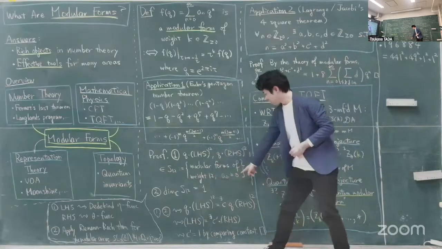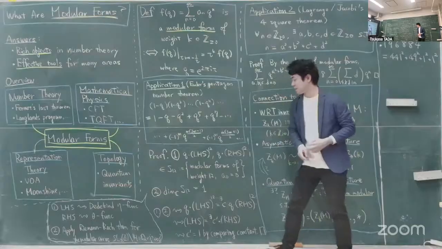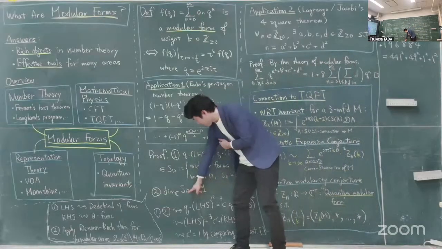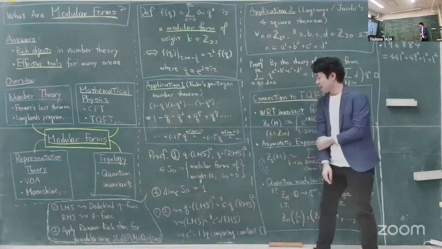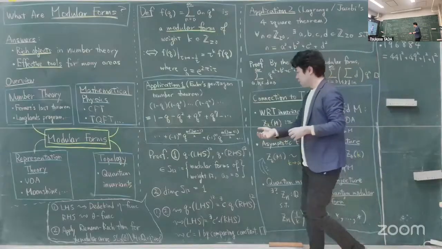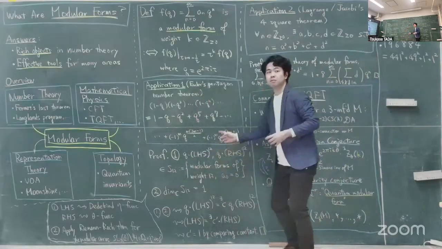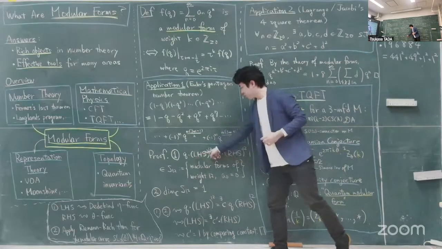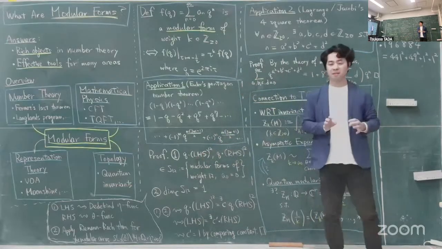So this is a vector space over C, and we can prove that this vector space has dimension 1. In a dimension 1 vector space, any 2 elements are linearly dependent.